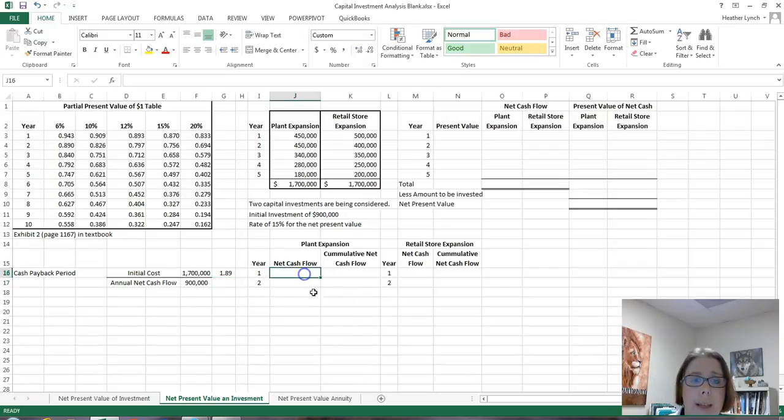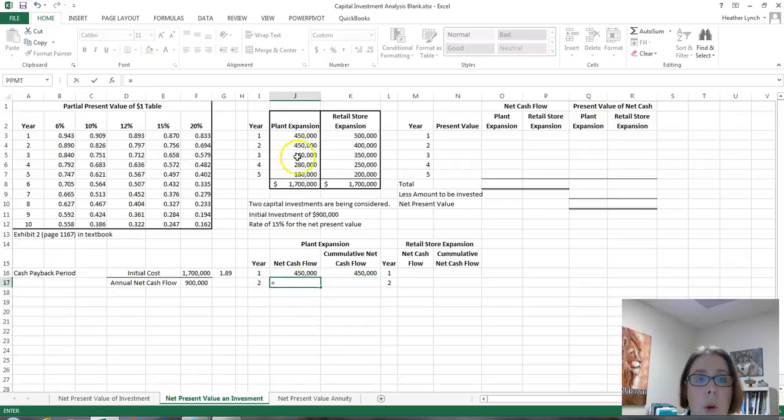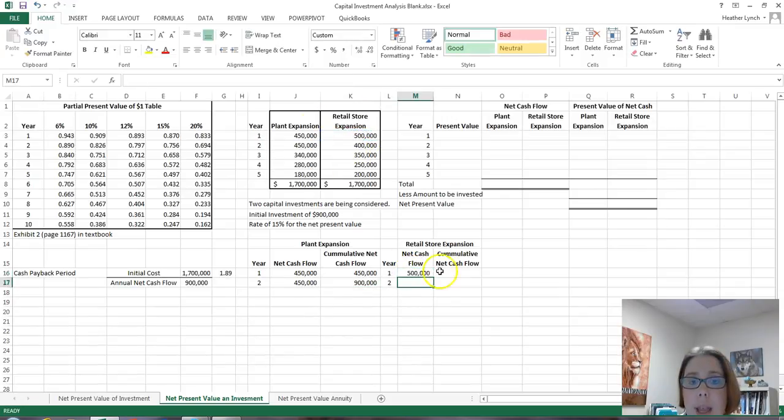Another way to look at it, my net cash flow of $450. So my cumulative for the first year is $450. Well, I'm getting another $450,000 there, and my cumulative is $450 plus the $450. So it's going to take 2 years. This is the $500,000. Cumulative for the first year is $500,000.